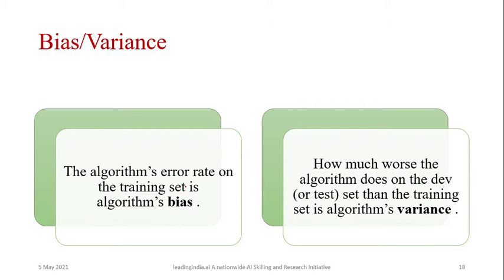So now let's understand how to solve this. As we discussed, if you have not trained well, then the algorithm has a bias problem. Or in another case, if you have trained more, then it's overfitting and you will get a variance problem.